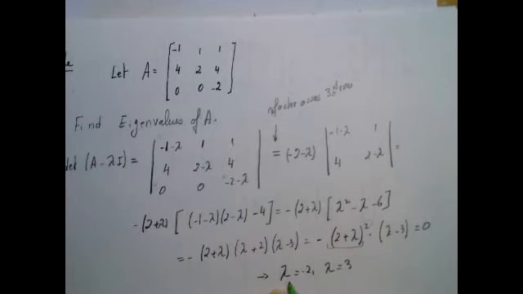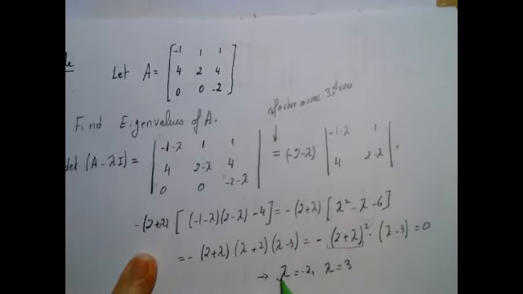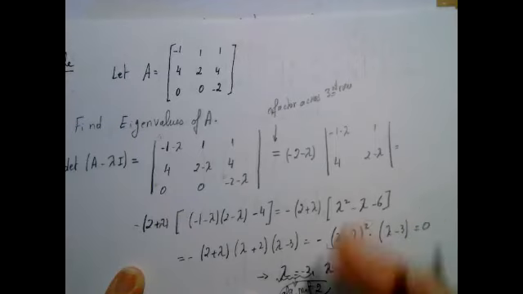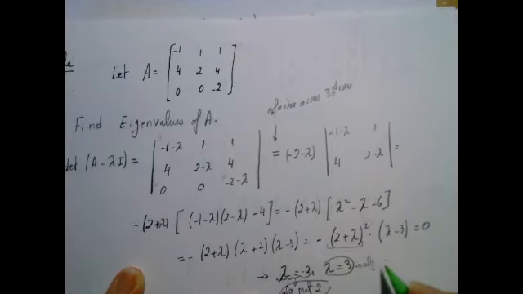We say that lambda equal minus 2 has algebraic multiplicity 2, because the factor 2 plus lambda occurred twice when we totally factored out the determinant. Lambda equal to 3 has algebraic multiplicity of 1.